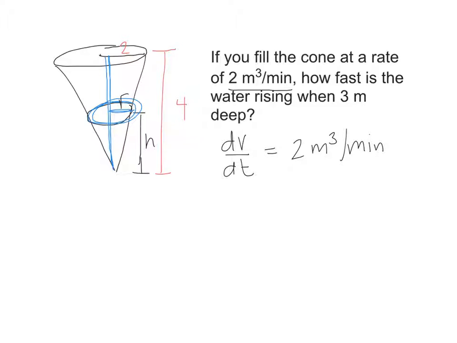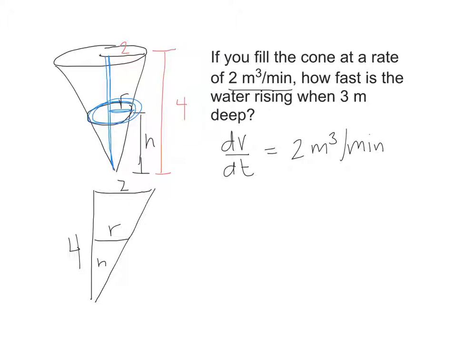So really what we've got is 2 levels. If you take a cross section of the cone, we've got the total height is 4 and the total radius is 2, but we have this in between that looks like R and H. And now this should be looking to you like a similar triangles problem.